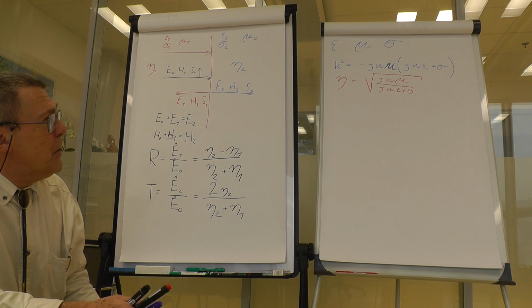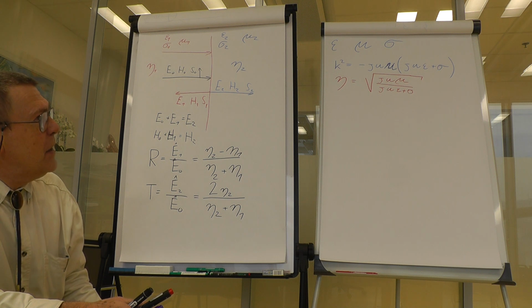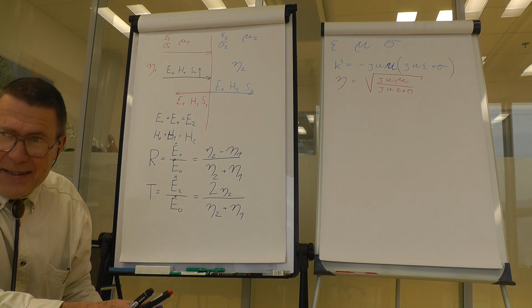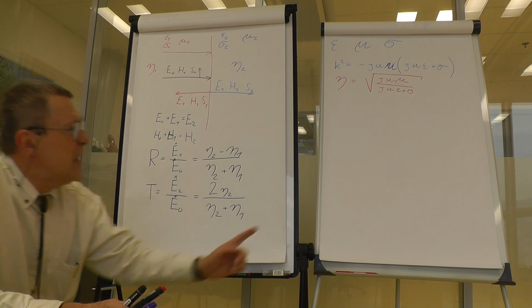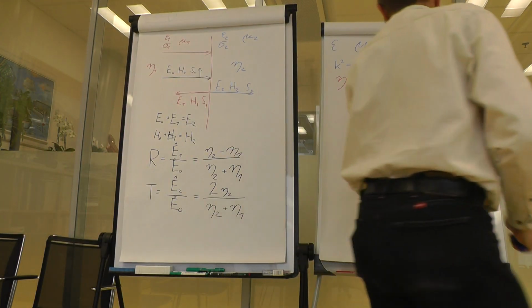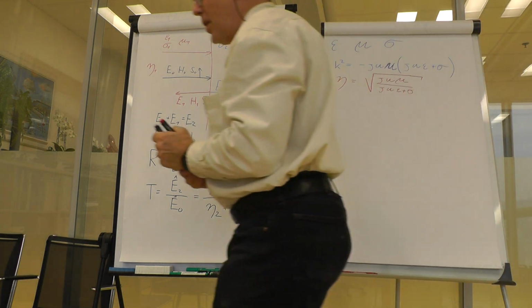In fact, we use another approach. If you watch those two expressions, the material is lossless if there is no conductivity. So this conductivity, specific conductivity sigma, is found guilty for any losses.